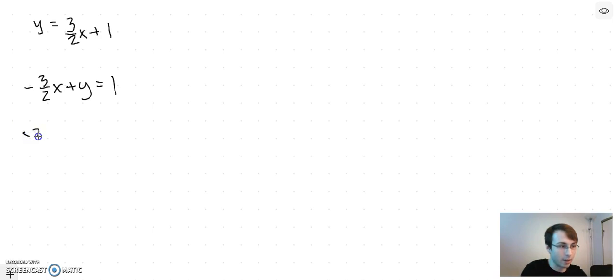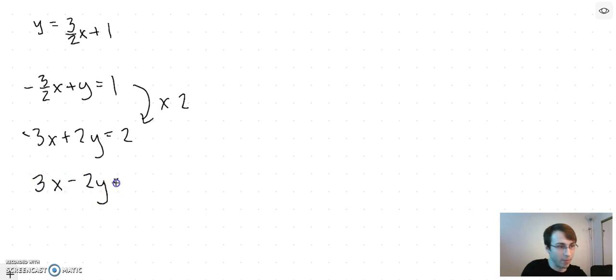So we've got negative 3x plus 2y equals 2. And then to get rid of the negative, we can multiply by negative 1. So then we've got 3x minus 2y equals negative 2. And now that's our standard form that we want.